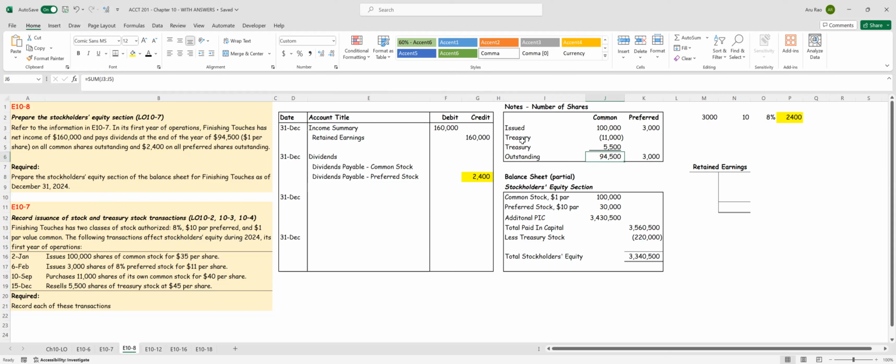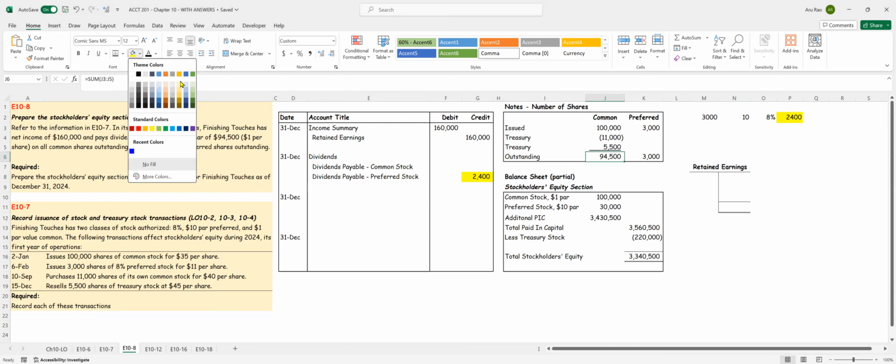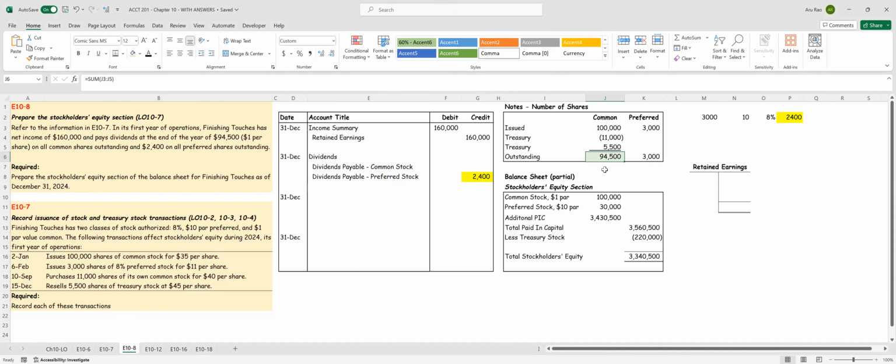So remember, how many shares do I have outstanding? I have 94,500 shares outstanding. I pay the dividends only to the shares outstanding, which is why this calculation is important. So 94,500 times $1 is $94,500. So the total dividends we have committed to pay is $96,900. That's just adding up these two numbers.